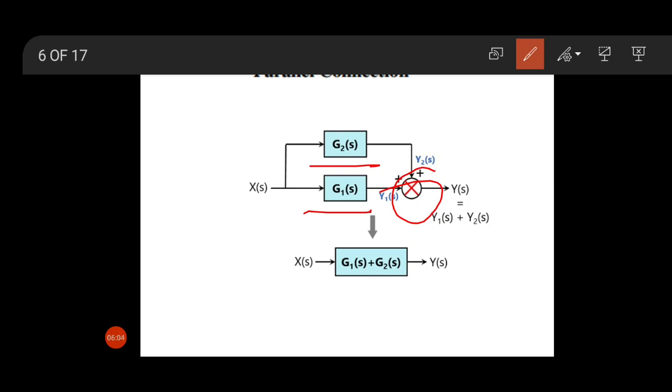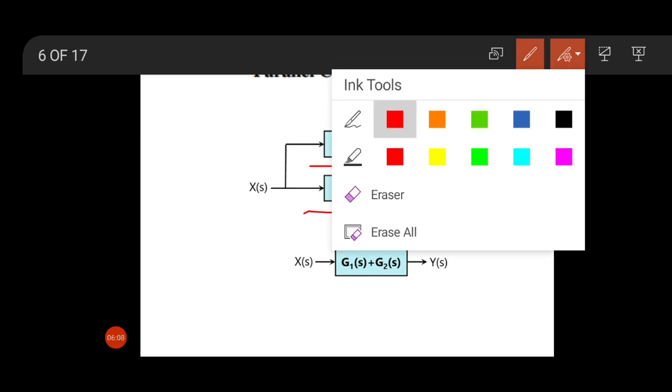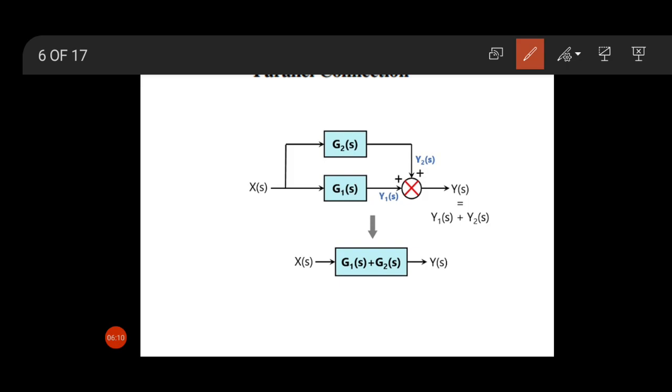Here you can see the input x: this x signal is going to this block and the same signal is going to this block.